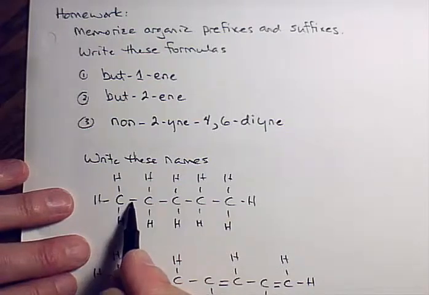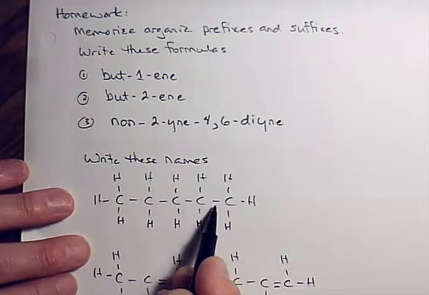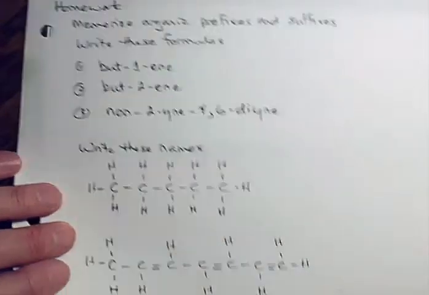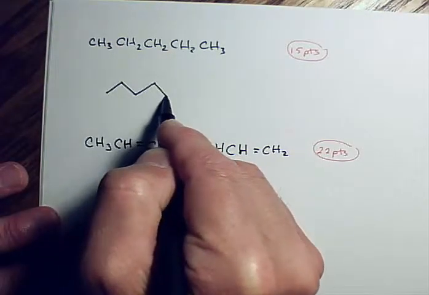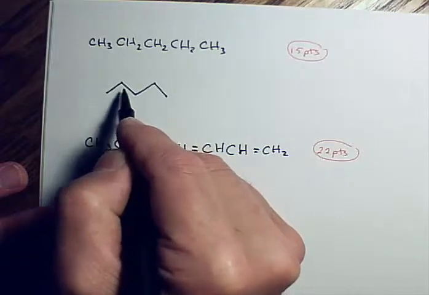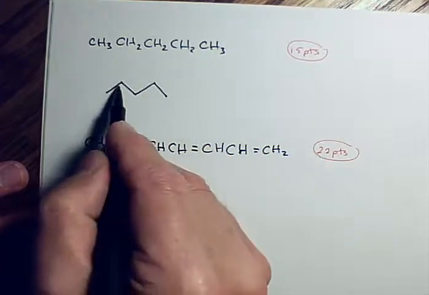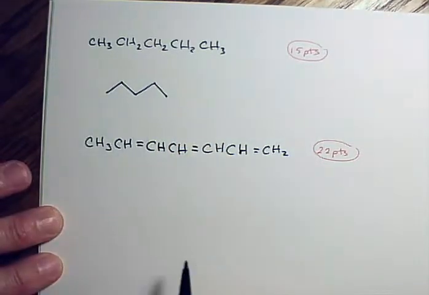So we've got 1 bond, 2 bonds, 3 bonds, 4 bonds between carbons, and they're all single bonds. That's it.